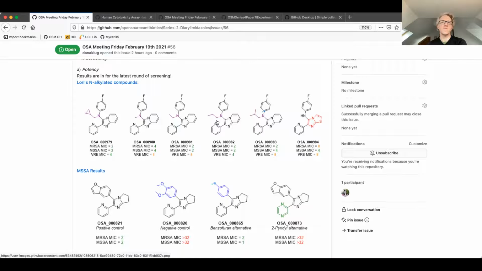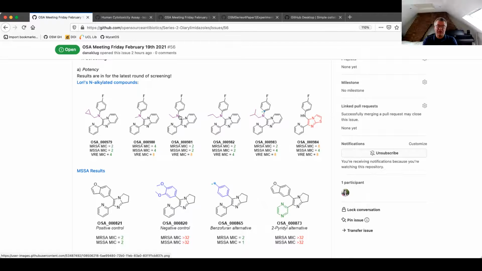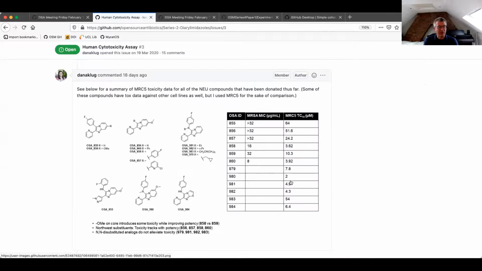It's really interesting that you get these differences with these tiny alkyl changes. I find the difference between 983 and 979 quite striking. Can you talk me through the tenfold jump again? So you're going from 981, 982, 983, from 5 to 50.